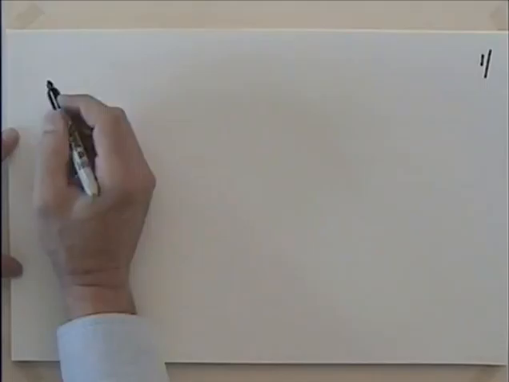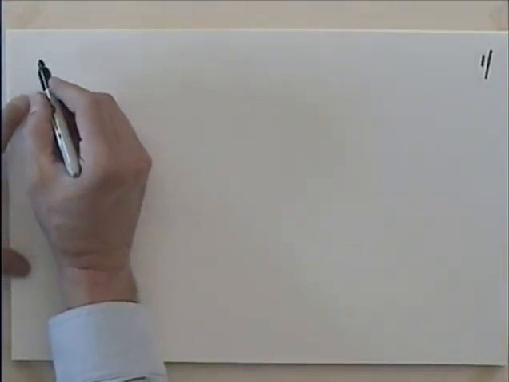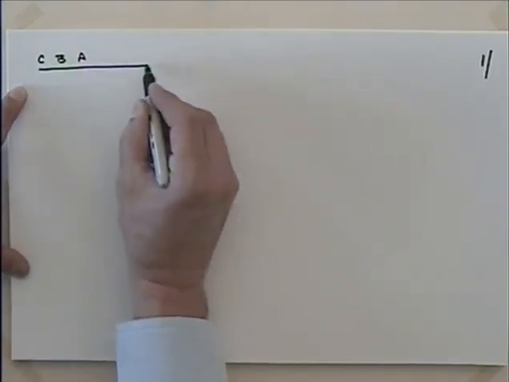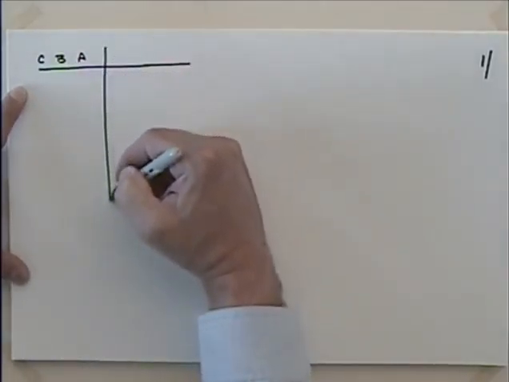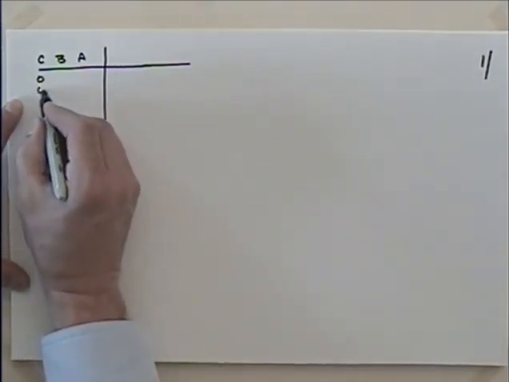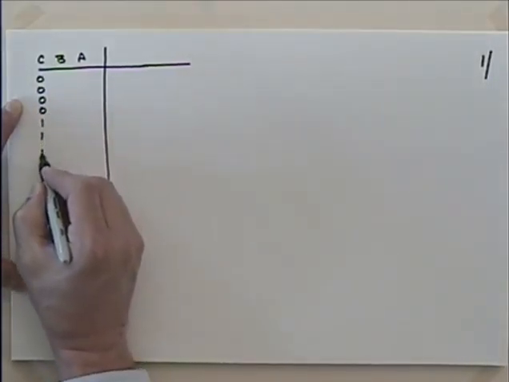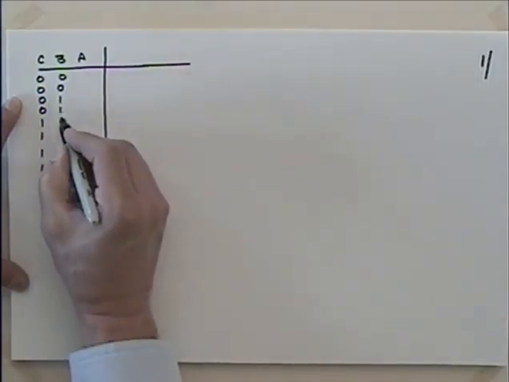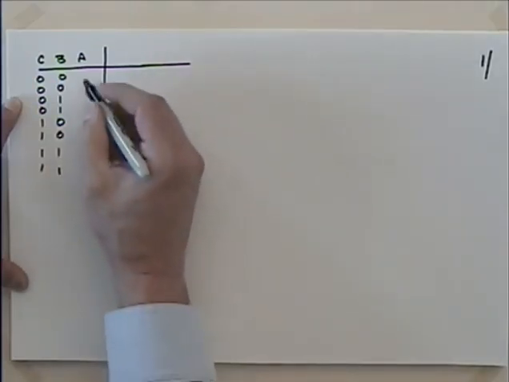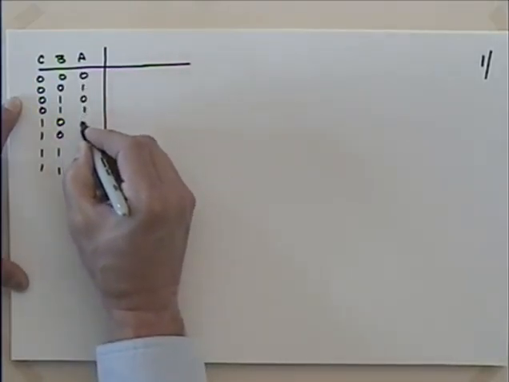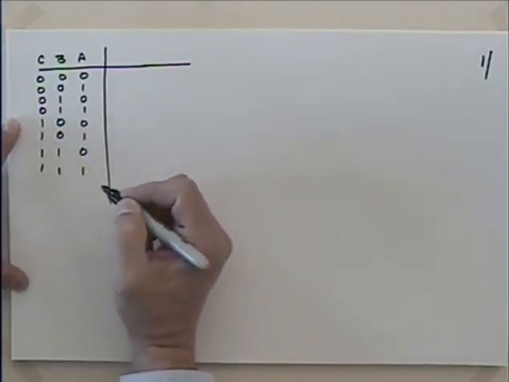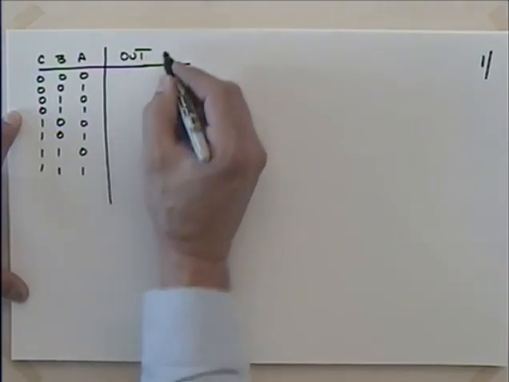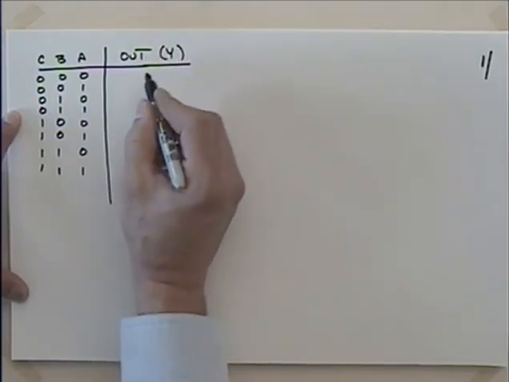Let me start out with a truth table here. Let's say I have a 3 input. So I have a C, B, and A. And our output would be, I guess we'll say this is Y. Usually we use that symbol for the output.